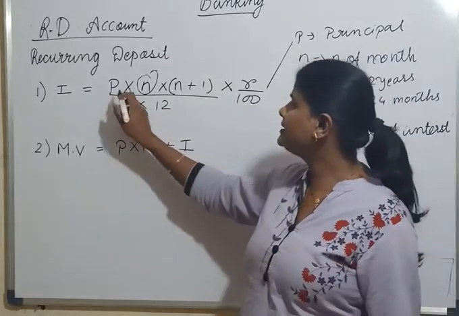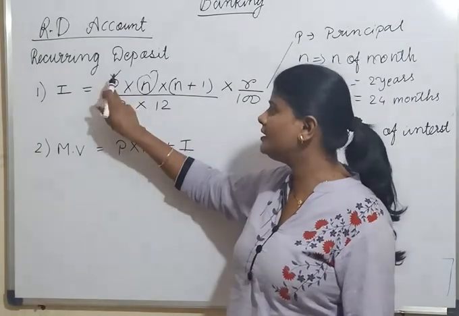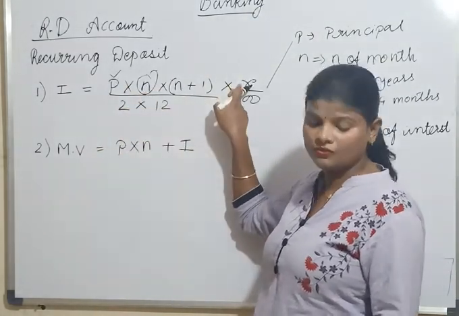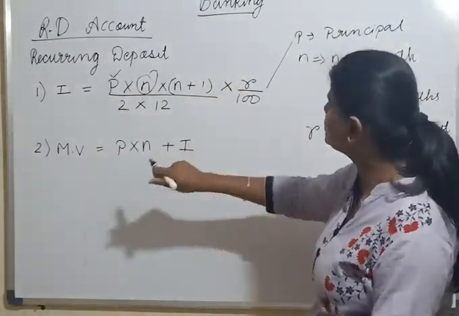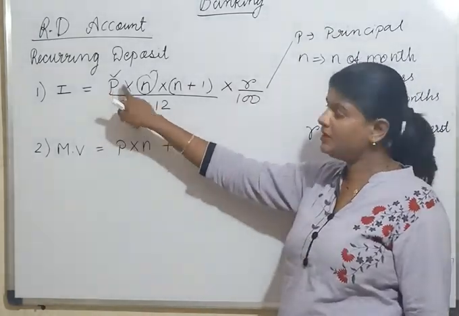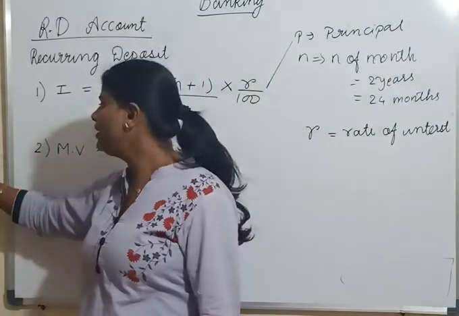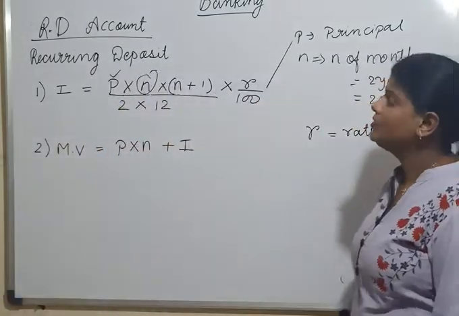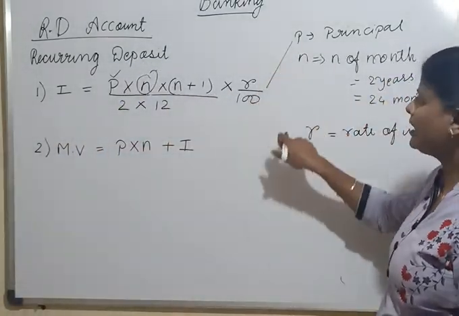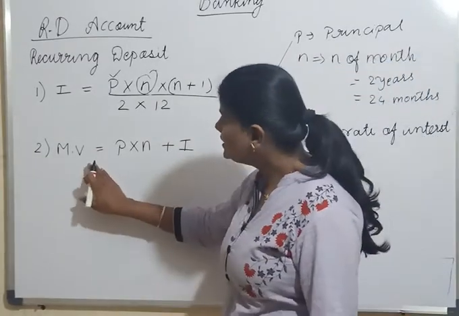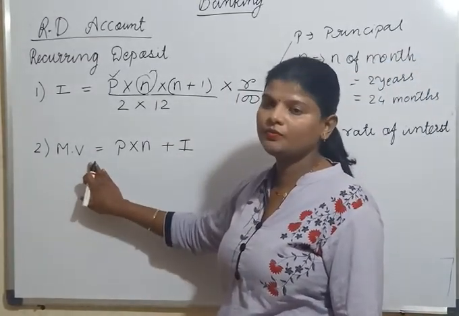So here we have three variables: P, N, and R. P means principal, N means number of months, and R means rate of interest. Then the other thing is the maturity value.